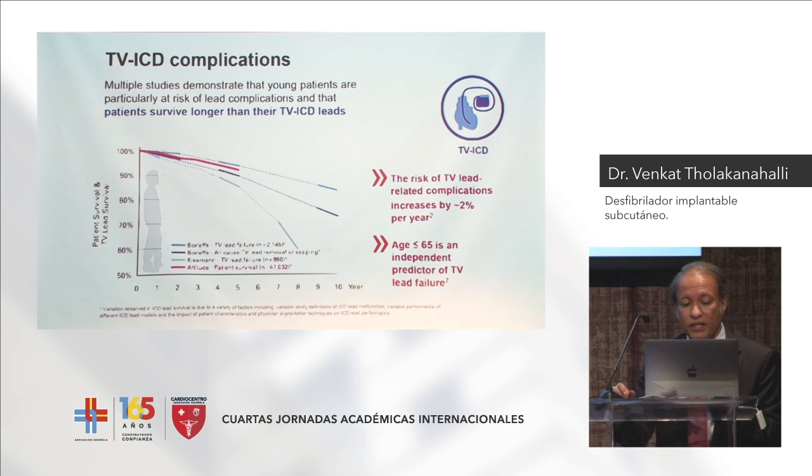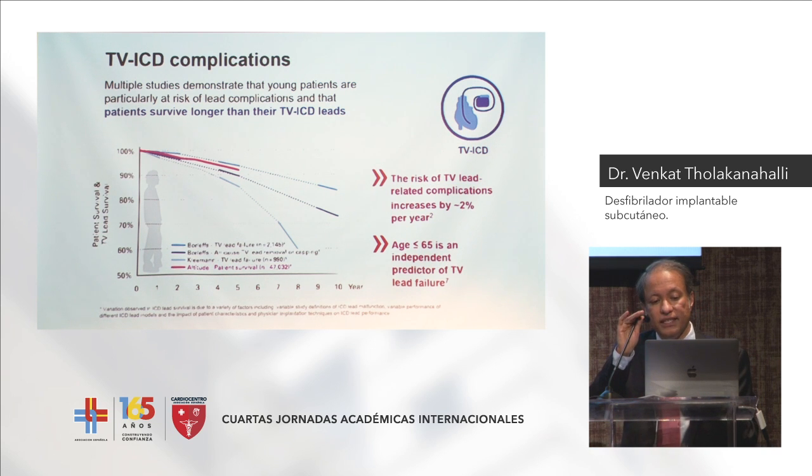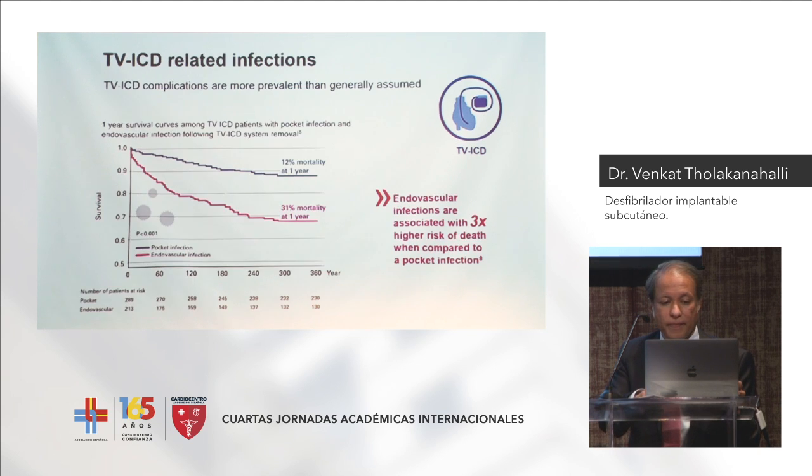If you look at transvenous ICD complications, the risk of a transvenous lead-related complication increases 2% per year. So if you are implanting a device in a younger patient, you are expecting a lot more complications because of the lead itself. We need to keep that in mind.